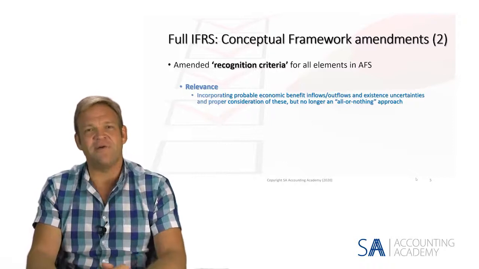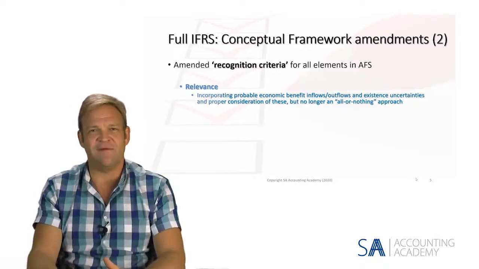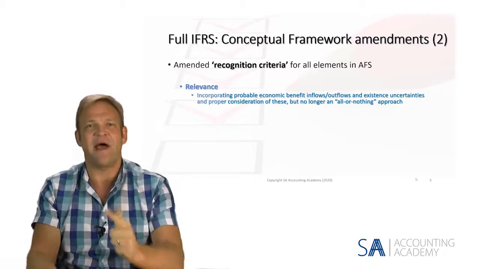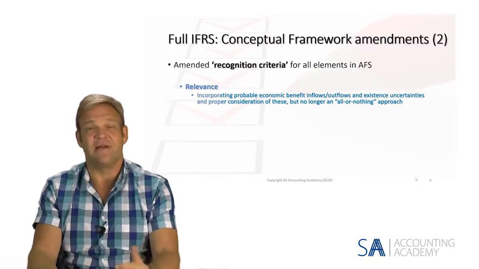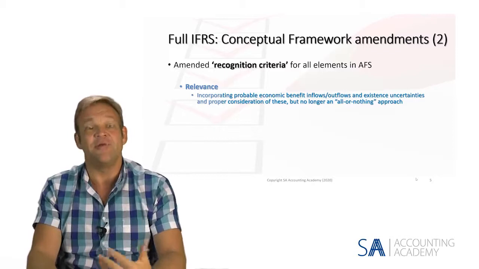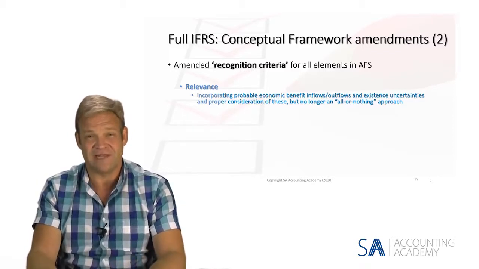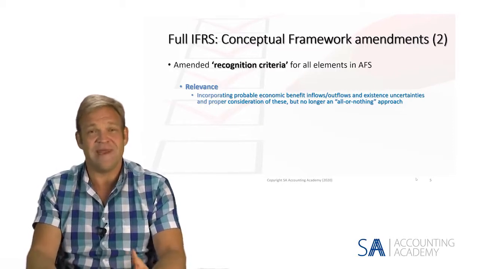So when you talk about recognition criteria, we all think probable future economic benefit inflows and outflows, and an amount or a value that must be reliably measured. All right, and if we can tick those 2 boxes, then automatically we can recognize that element in the financial statements. So this is no longer the case in the new conceptual framework of 2018.